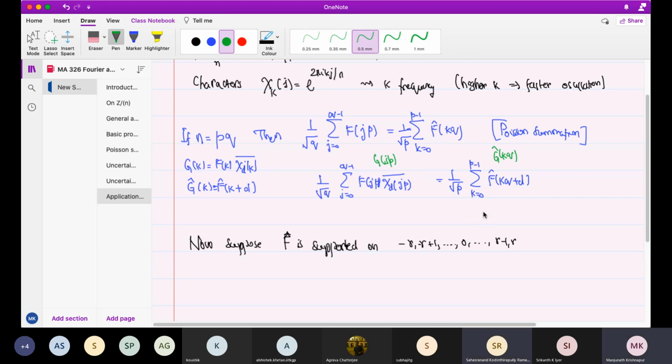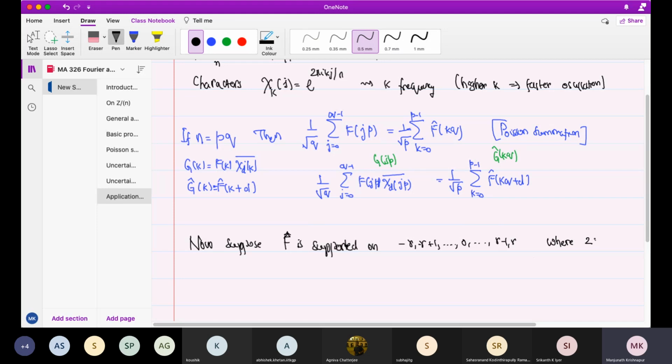So now suppose f hat is supported on low frequencies. That is what we mean here: minus r to r. So how much is this? This is going from 0 to q.